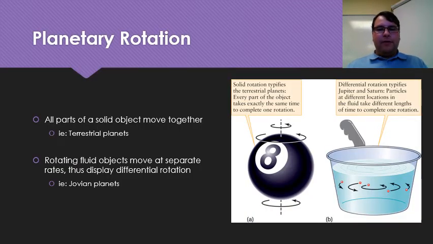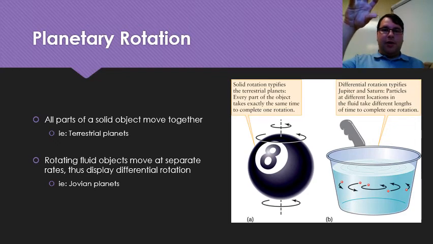So if we think about, say, an 8-ball, a cue ball, any kind of pool ball, any kind of solid object, as it rotates together, which means going from its polar region down to its equator, it will actually have different speeds, so that the equatorial region will have to move faster to keep up with the rotation that we're experiencing at the pole.